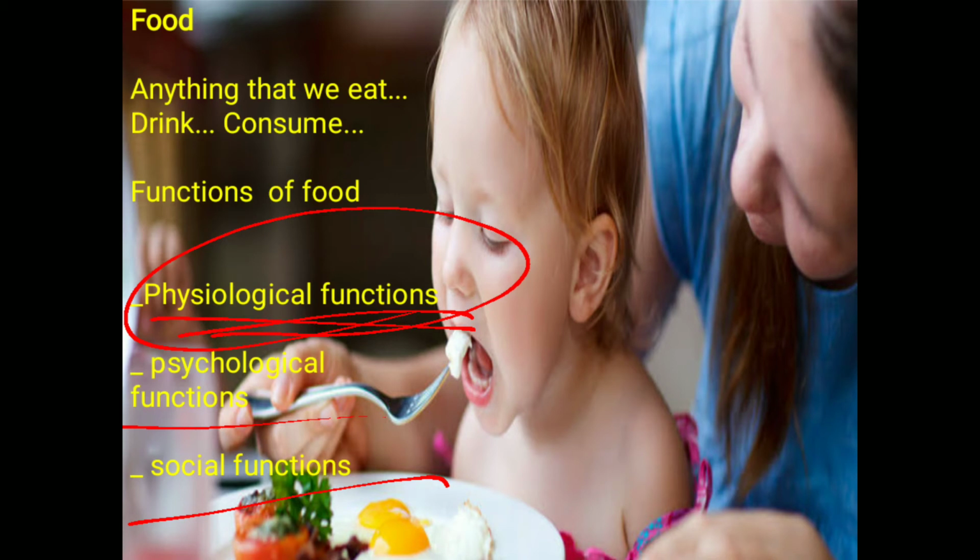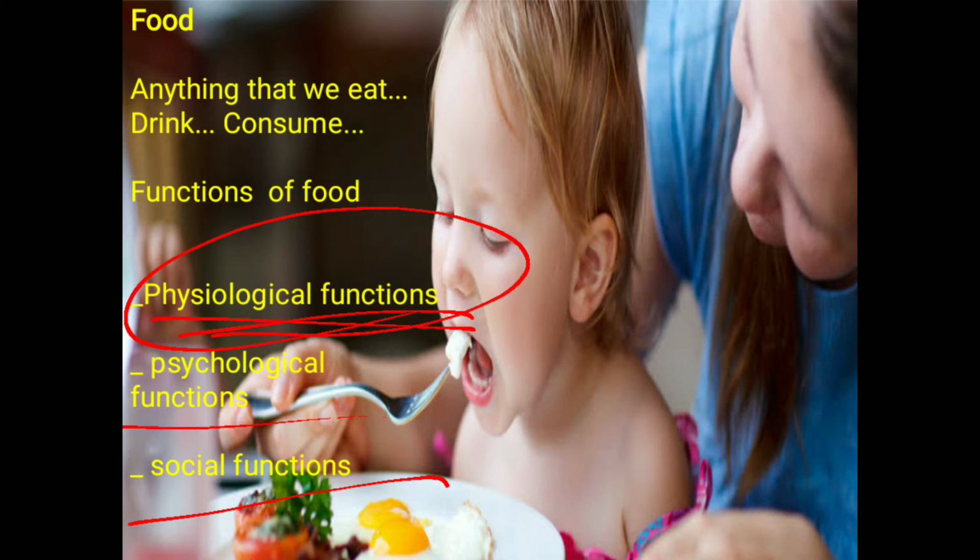The next thing is that vitamins and minerals help us in regulating all the body processes, like maintaining healthy vision, healthy bones, healthy teeth, a healthy nervous system, and other vital organs. So these are very important.